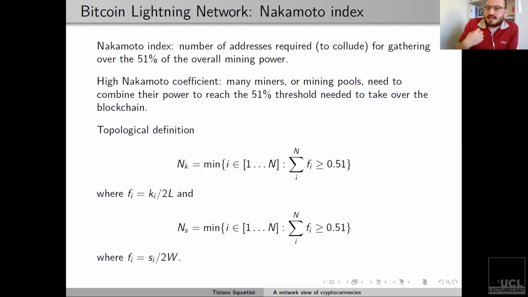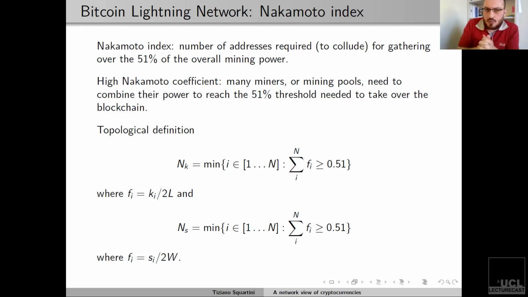What we found is that for the Lightning Network, some sort of centralization is indeed present, however, at a topological level. So although these systems are designed as decentralized payment systems, if you look at the network, you find evidence of some structural centrality of nodes. And I will explain what it means.